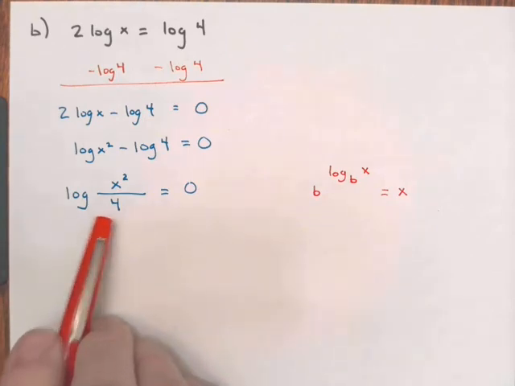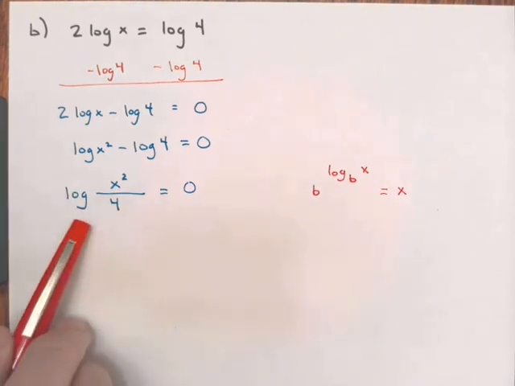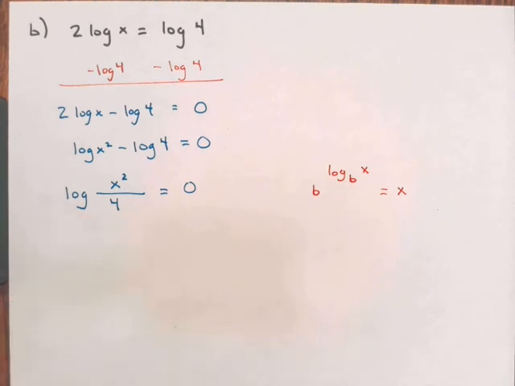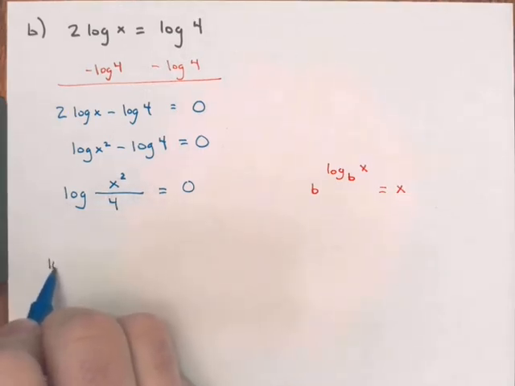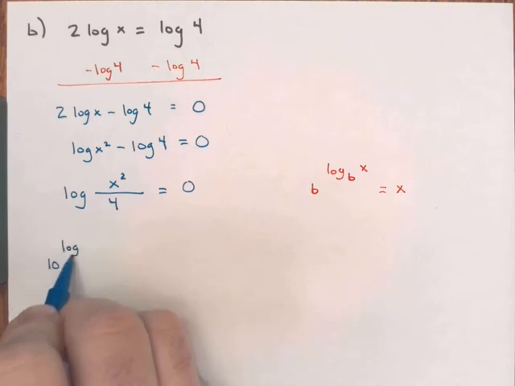So for this problem, I have a log here. There's no base written in, so I know it's log base 10. So what I'd like to do is rewrite this using 10 as the base of my exponent.